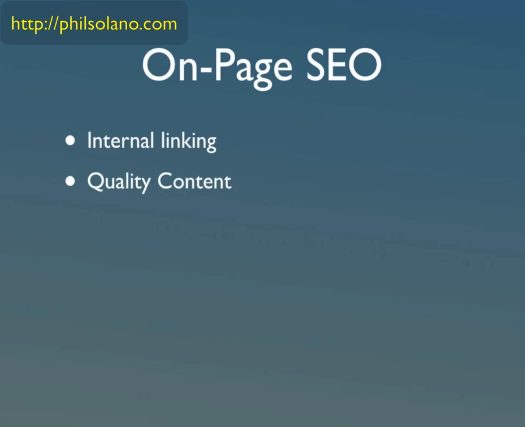It goes without saying that content is very, very important in terms of its quality. Normally each post or each page should be a minimum of about 500 to 600 words, and it needs to be unique content. By unique content I mean content that's been written by yourself. It hasn't been copied anywhere. You must never ever copy content from other sites. You don't just go to another site and think, oh, that's a useful article on garden tools, I'll just copy that and paste it into my own site.